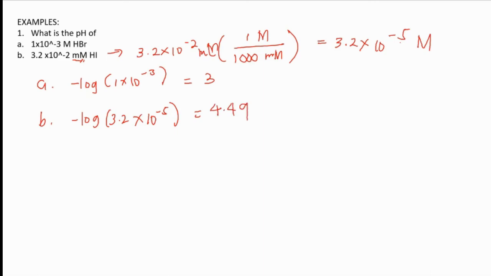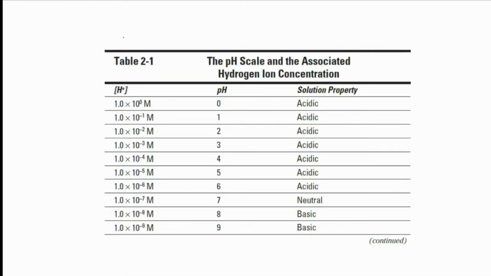Make sure that the concentration is in terms of molarity. When you have a concentration in the form 1.0 times 10 raised to some exponent, the exponent, made positive, is already the pH.